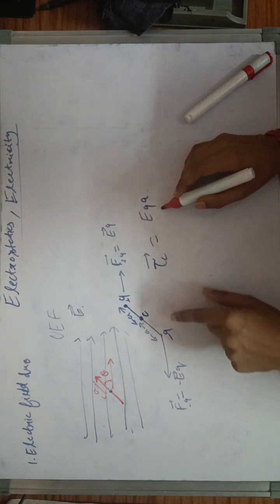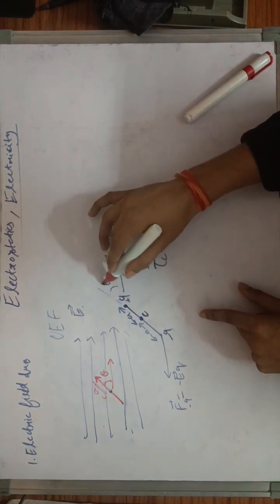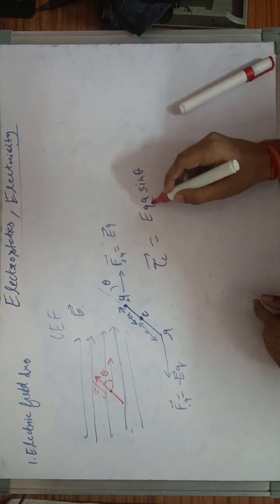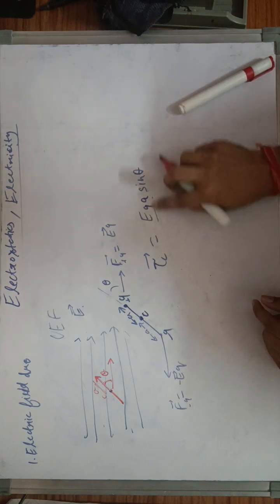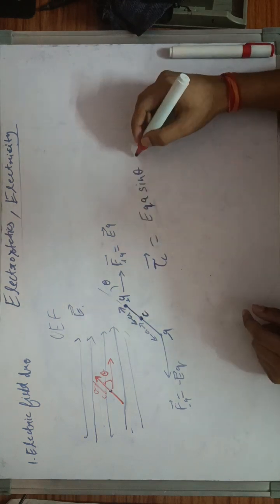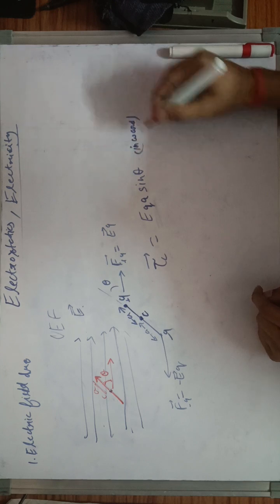The angle between this r vector and this force vector is theta, so we will get EQa sine theta. This is r F sine theta, force into this length into sine theta, and the direction is inward.